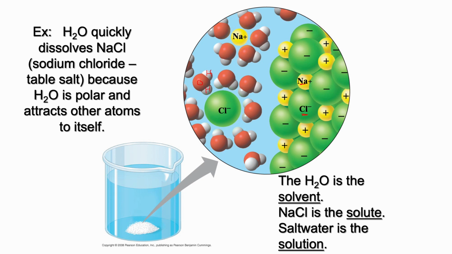The positive hydrogens are going to want to attract the negative chlorines. Remember, the hydrogen's partially positive and the chlorines are partially negative here. So the hydrogens are pulling those chlorines away from those sodiums.